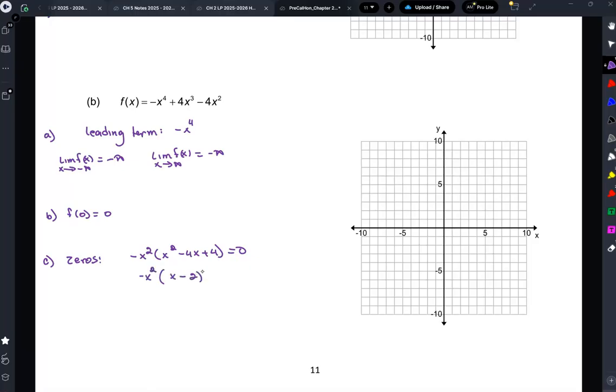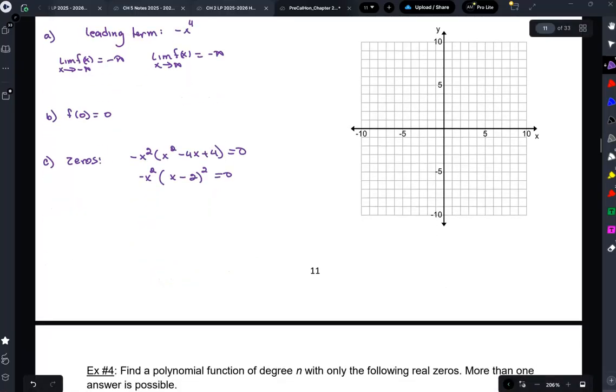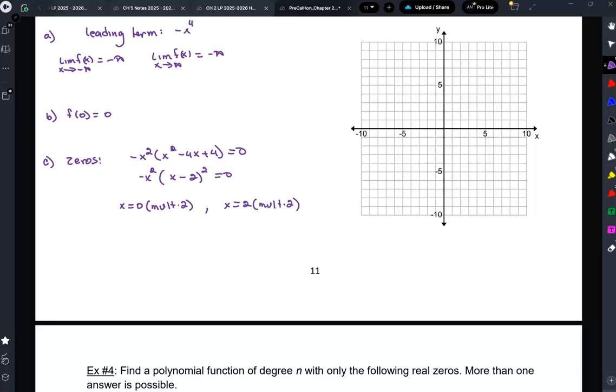This is x minus 2 squared. So what do I get from here? x equals 0, multiplicity of 2. x equals 2, multiplicity of 2. Okay, so 2 zeros, 2 multiplicities.